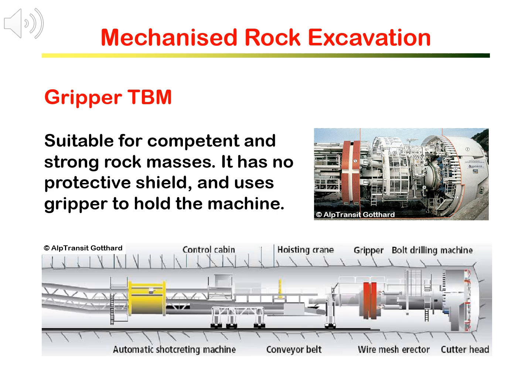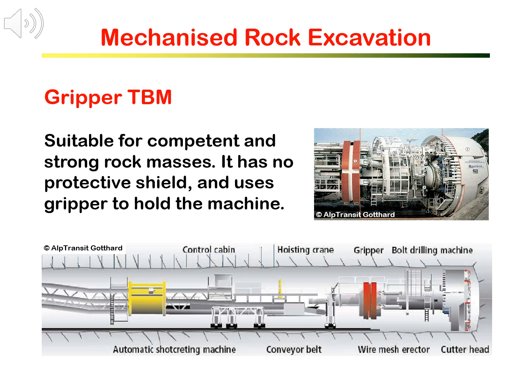The grip is shown in red. They are in pairs to press against the tunnel sides to hold the machine and to push the machine forward. Grip TBMs are suitable for competent rock masses and for strong and hard rocks with strengths up to 300 megapascal.